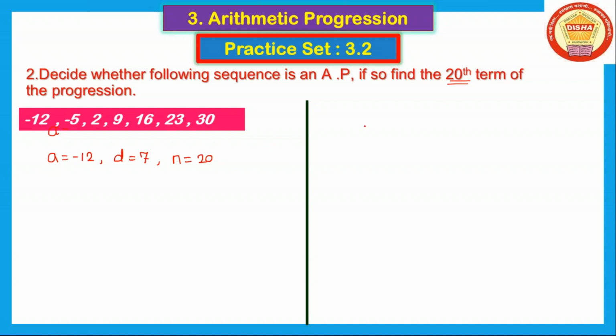We use the formula of Tn: Tn is equal to A plus N minus 1 into D. We put the values: negative 12 plus, and the value of N is 20, 20 minus 1 into 7. Means negative 12 plus 20 minus 1, which is 19, into 7. 19 into 7.